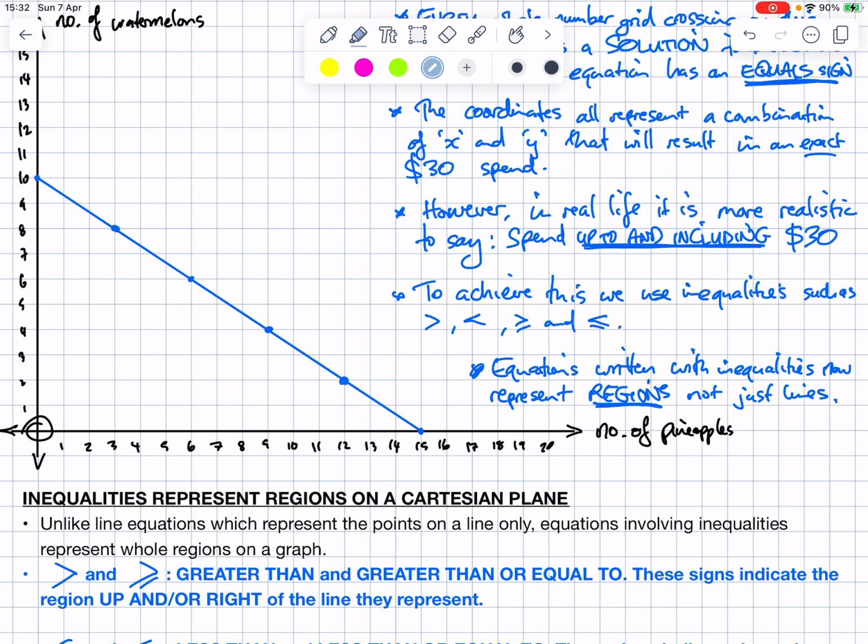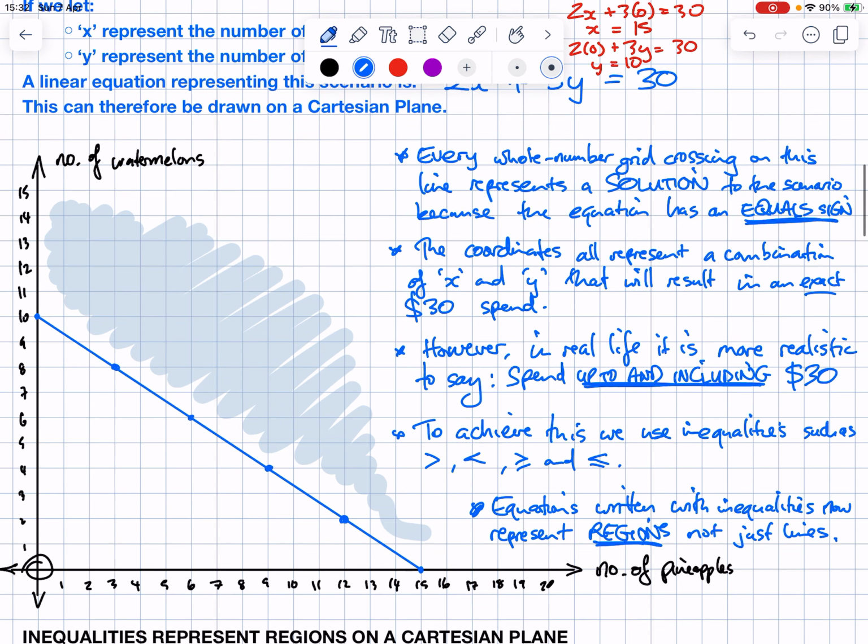So if I was to color here, this is the region 2x plus 3y is greater than 30. If I wrote greater than or equal to 30, it would be this region and the points on the line.